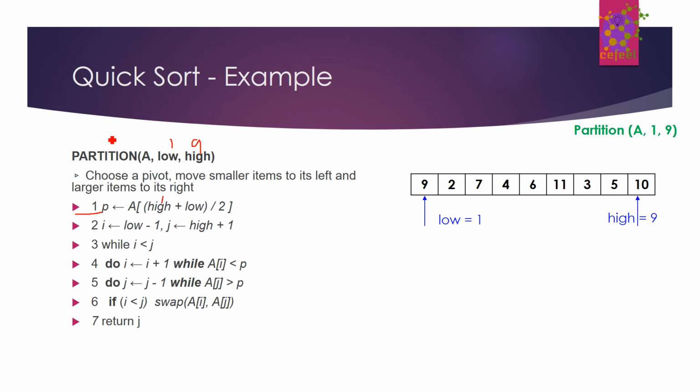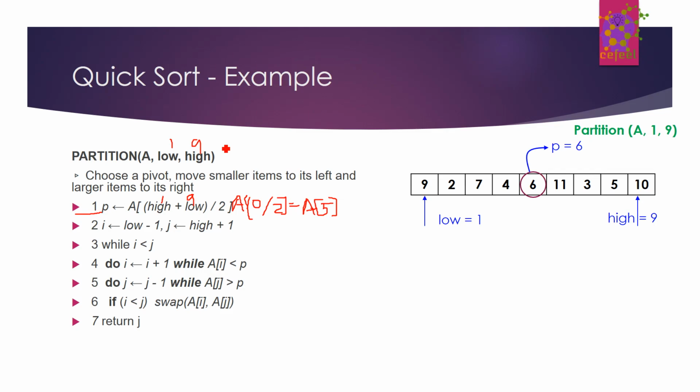Now low is 1, high is 9, so 9 plus 1 is 10, by 2 is nothing but 5. So this is A of 5. Our pivot P will now point to the fifth element, which in our case is 6. So P is now assigned 6.